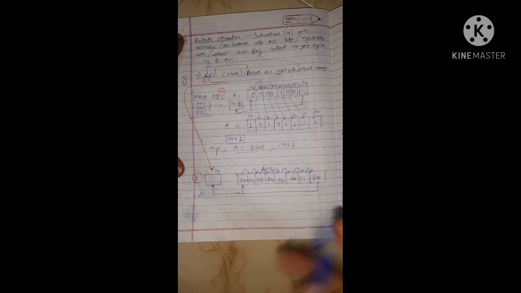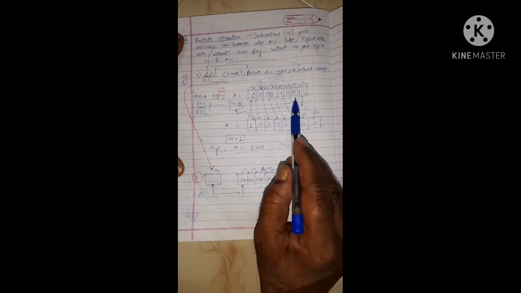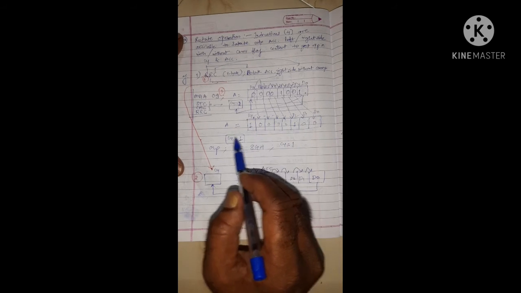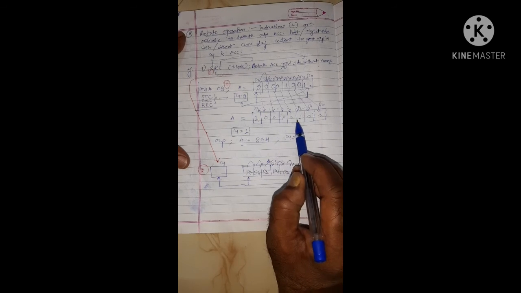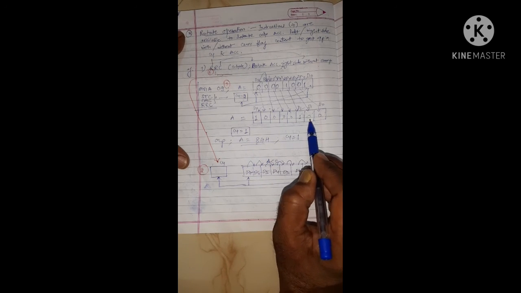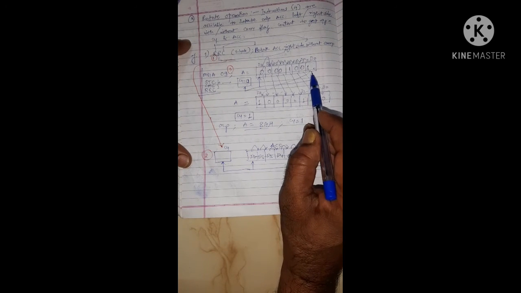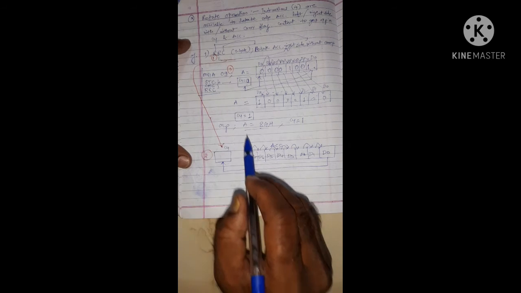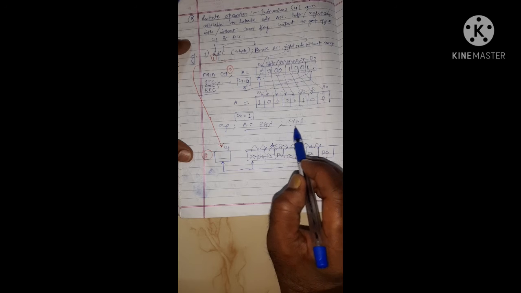This one gets shifted to D7. D1 for D0, D2 for D1, D3 for D2 and so on. After shifting these bits, the accumulator output is 1000, that is 8, and 0100, that is 4, and the carry flag becomes 1. Why? This 1 bit comes to carry. So the output after these 1, 2, 3, 4 steps is: accumulator A will be 84, CY will be 1.